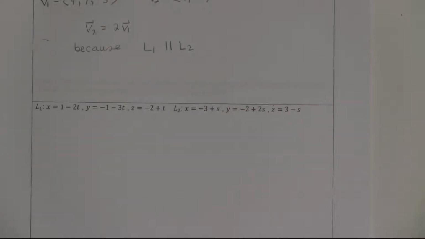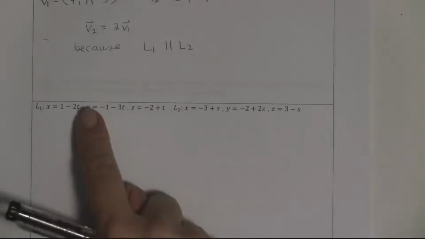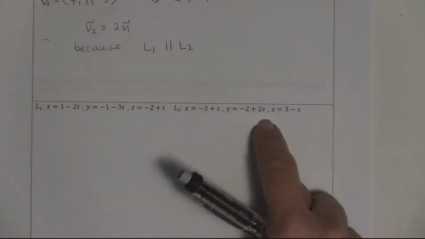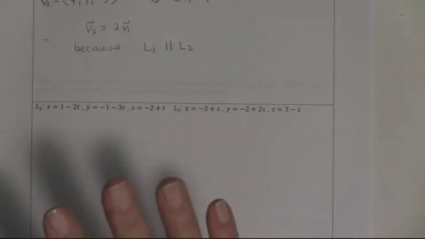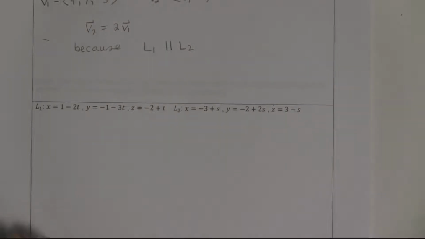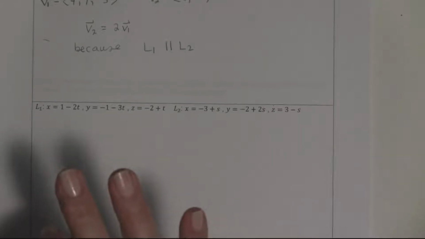Sometimes some books will use T1 and T2, so that these are all T1s and these are all T2s, but they're just saying that the independent variable that you have doesn't have to be the same, and so they're just using a different variable.